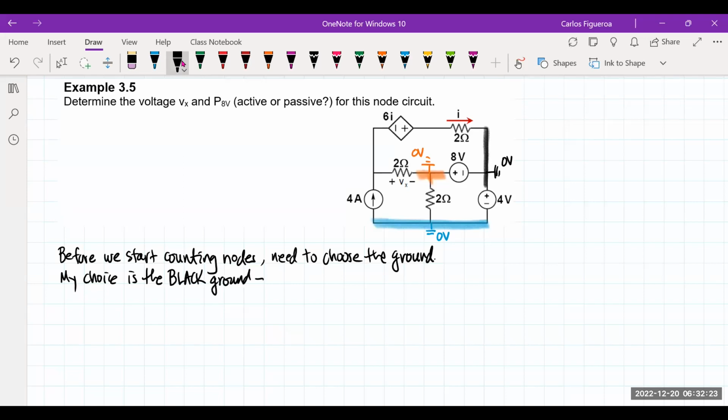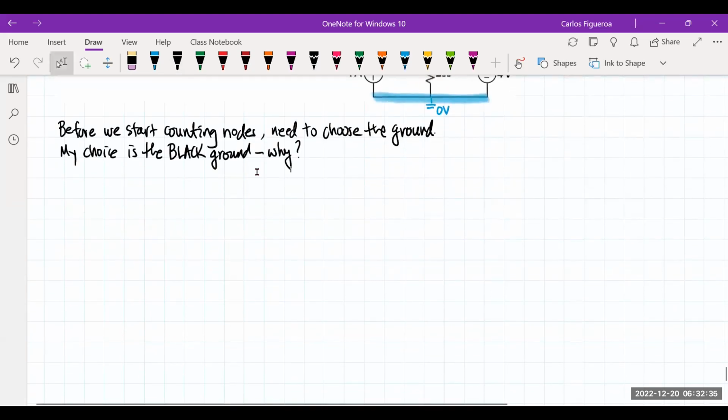And the question is, why would I choose the black ground? Okay, so now that I've chosen it, let's go do the numbers so you can see what I'm talking about. So here we go. So now I'm going to go to step 1. And I'm going to say, let's do the numbers.